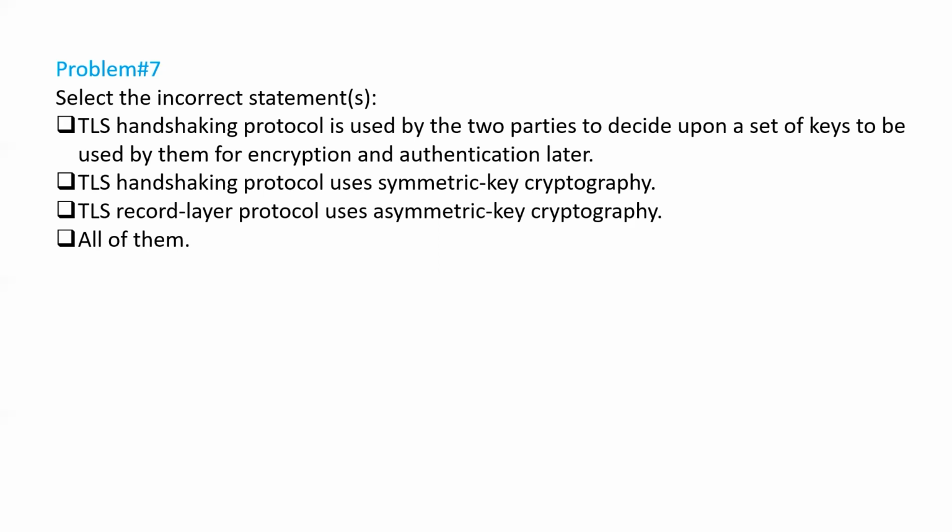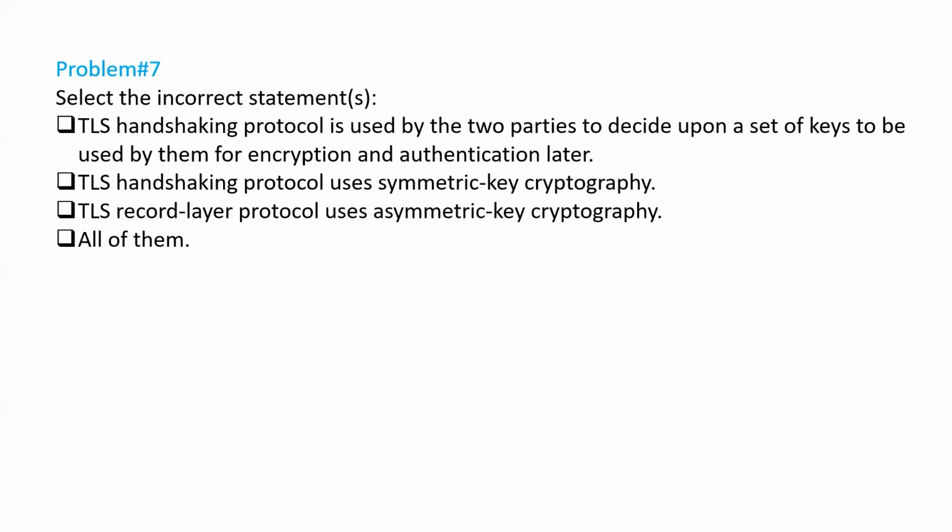So basically, not all the statements given here are correct. The first statement is correct, as you already understood. The second statement says the TLS handshaking protocol uses symmetric key cryptography, which is wrong, because the handshaking protocol uses KEM, which is an asymmetric key primitive. You need the flavor of public key cryptography in order to successfully exchange keys without any prior information shared between the parties.